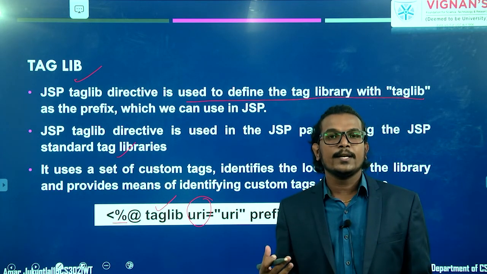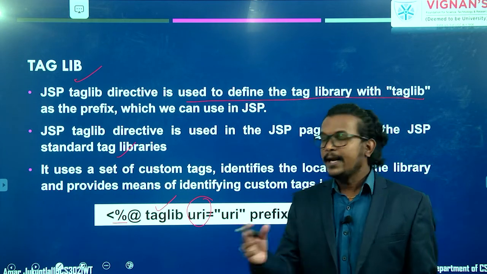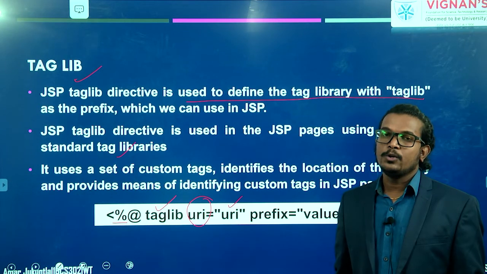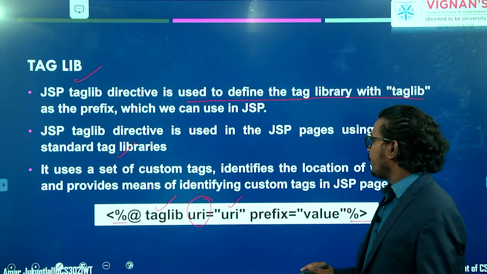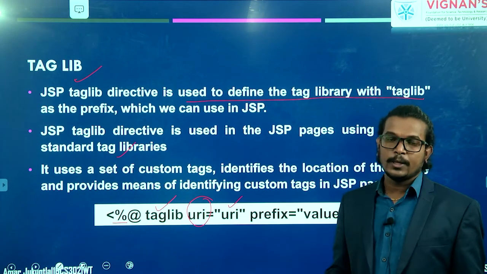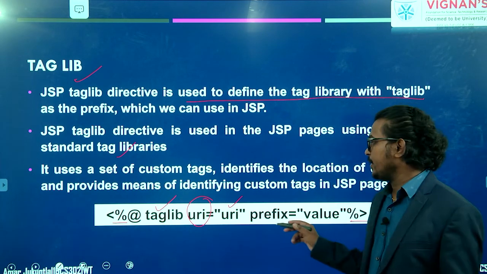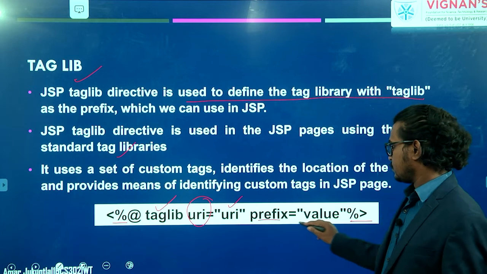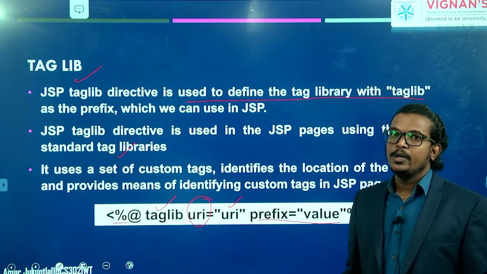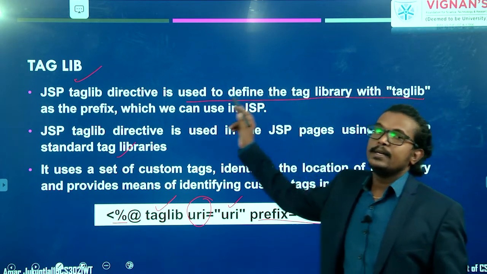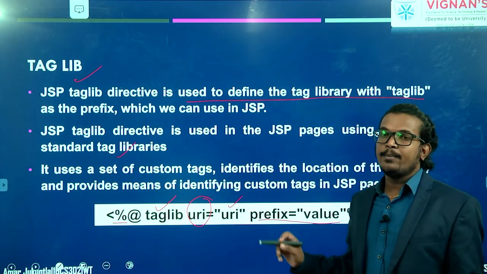Where you are storing those custom tags, that URI you have to provide here. After that, where you want to use that particular tag, that prefix information you have to define here. Clear? So this is about the tag directive or tag library directive.